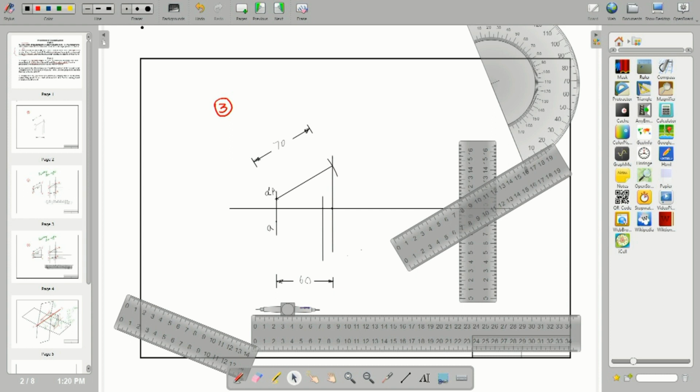After measuring 70 mm in the compass, place it over point A and intersect the projector drawn from the 50 mm point. That is also what we have to draw. I draw the dimension 50 mm. So here we have to make intersections.